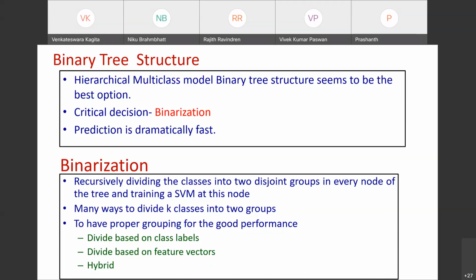It means that distance between points in two different groups should be maximized. Distance within one group must be minimized. So that's the idea. You divide all the classes into two groups, learn a classifier, go to the next level, and again divide all the classes at that level into two groups, again learning the classifiers and so forth.